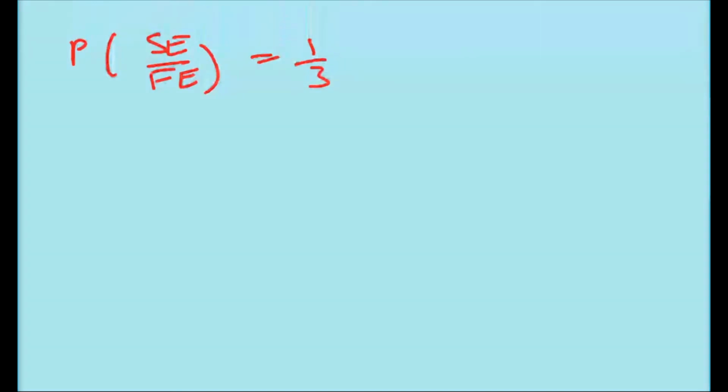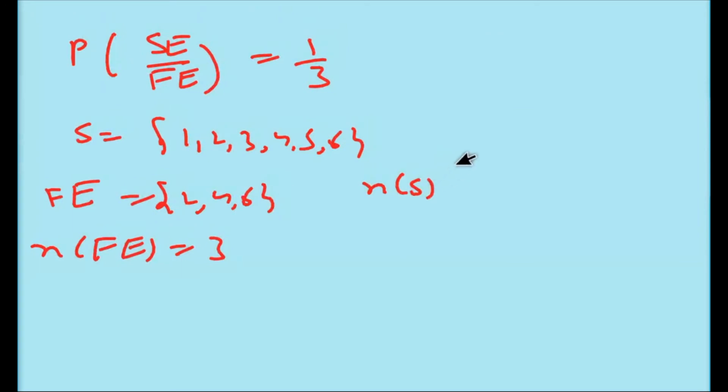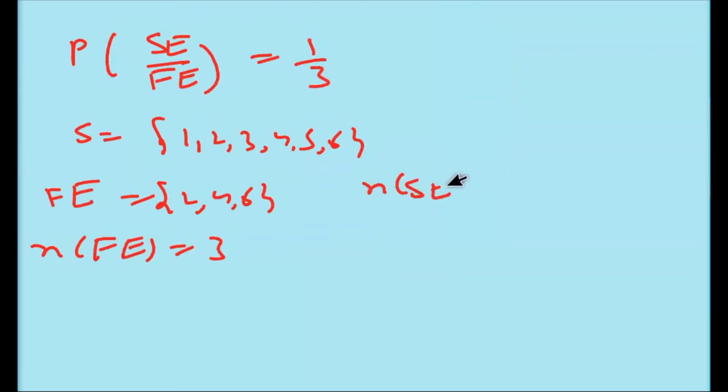Okay, and this question can also be done this way. Sample space is 1, 2, 3, 4, 5, 6. The first event, even number, is 2, 4, 6. n(E1) is 3, and the second event, the prime number, is 2, 3, 5.